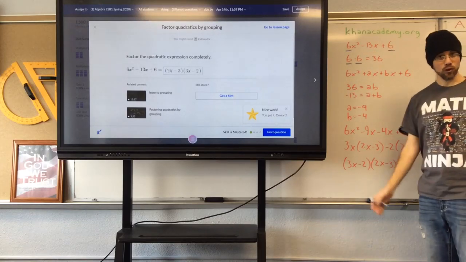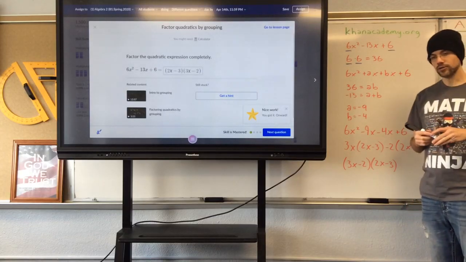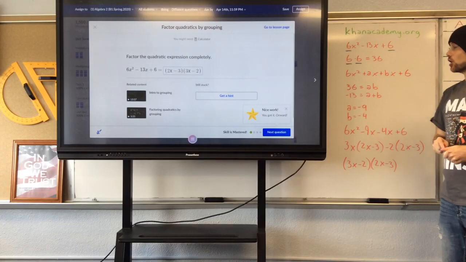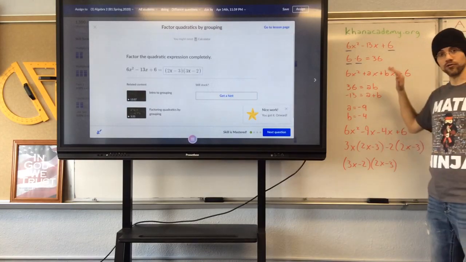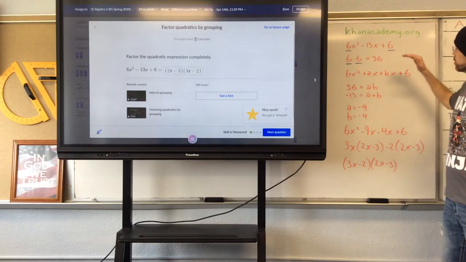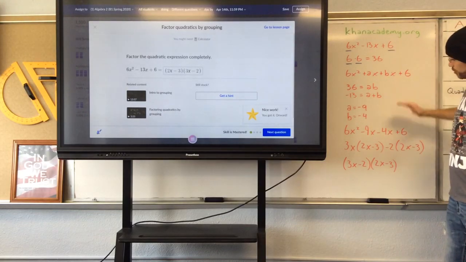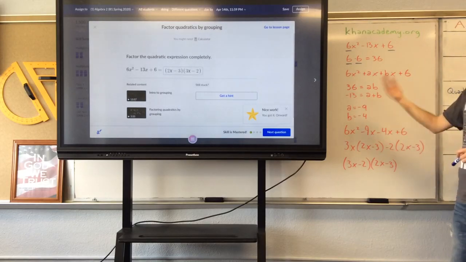Now, I haven't told you why, but it's true. And this is one of those cases in mathematics where showing that it's true is actually a lot easier if we work in reverse. But for right now, we're just taking the steps to go from what we were given to a solution using the method of factoring by grouping.